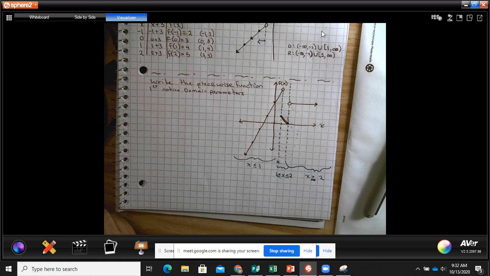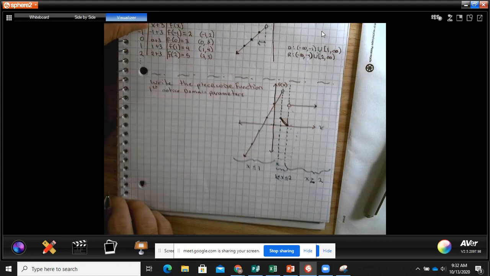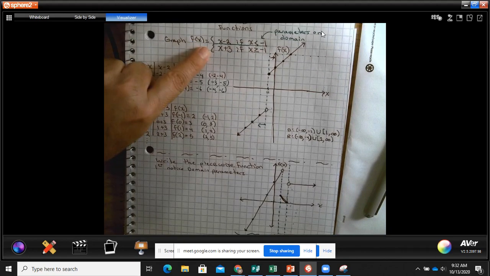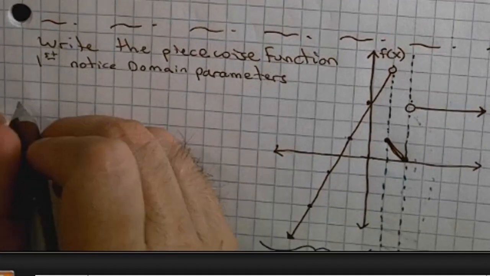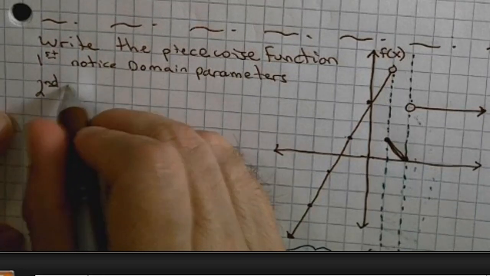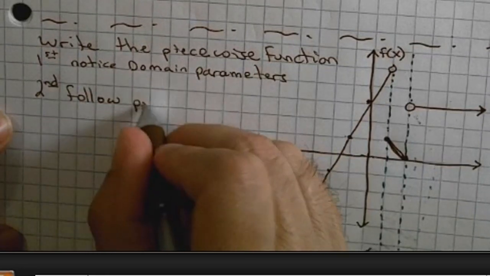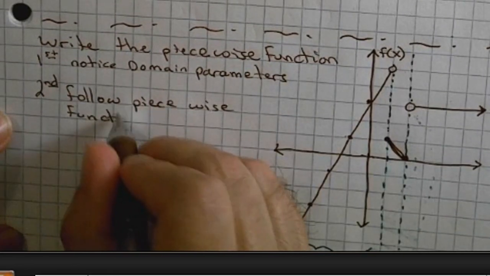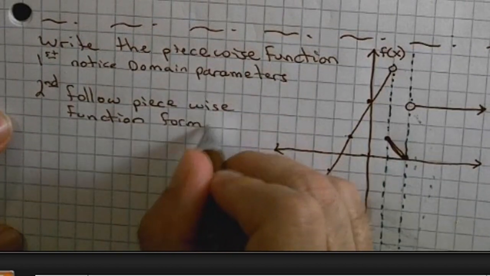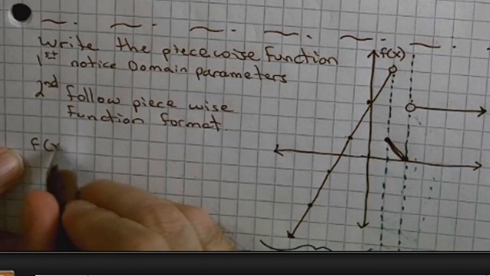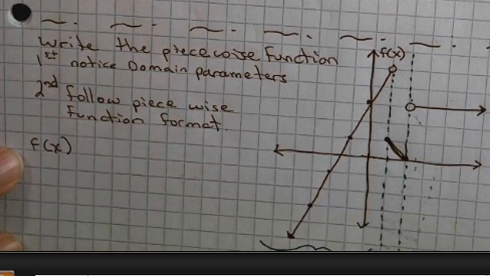So now I'm going to start the same format as above. We're going to follow the format. We're going to say f of x equals, and now I'm going to have 3 rows. 1, 2, 3 rows.